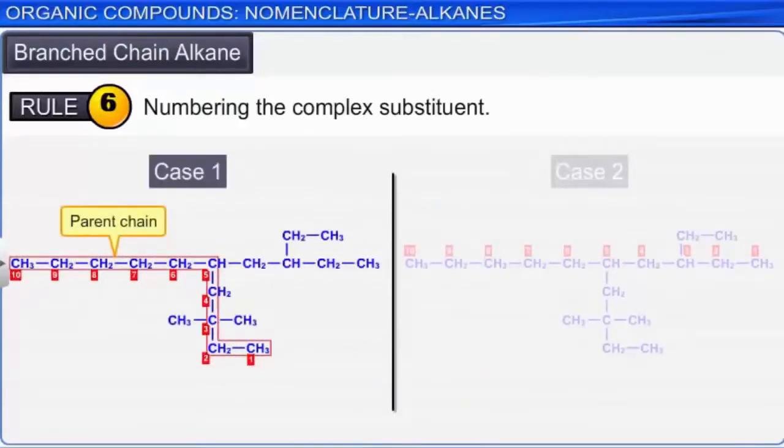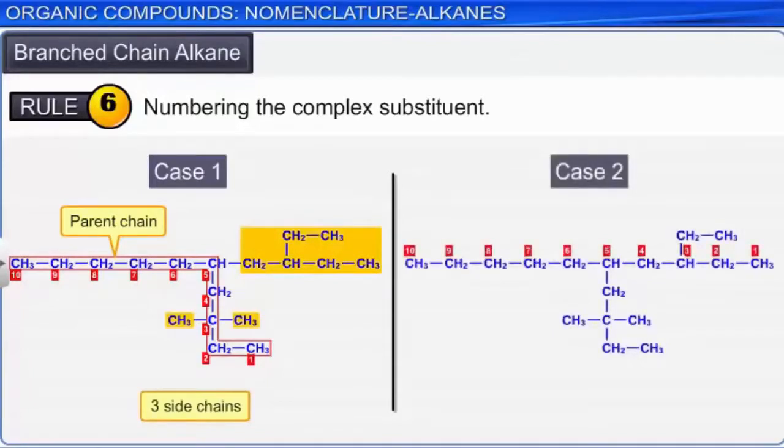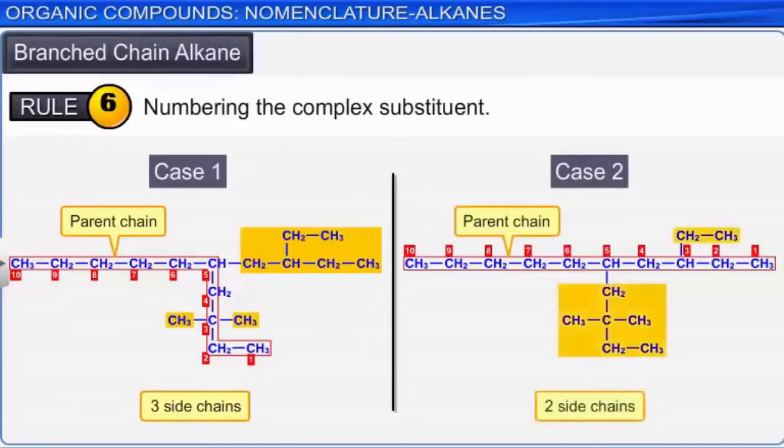The chain highlighted in red has 3 side chains attached to it. If we select the other chain, as shown as the parent chain, it will have only 2 side chains attached. Hence, case 1 is the correct way to select the chain.